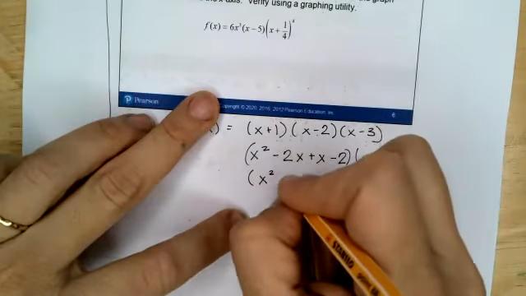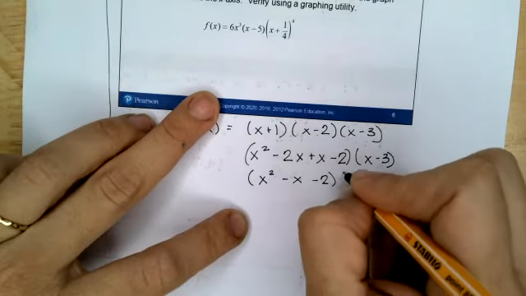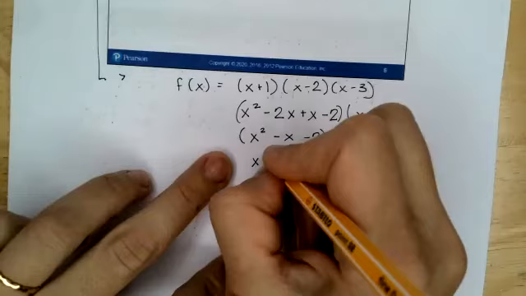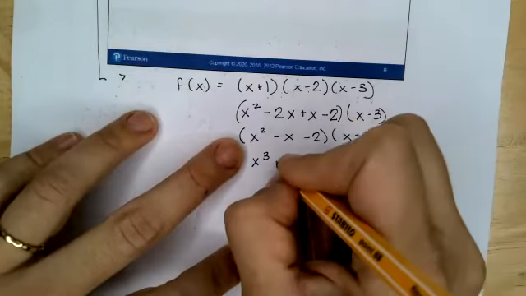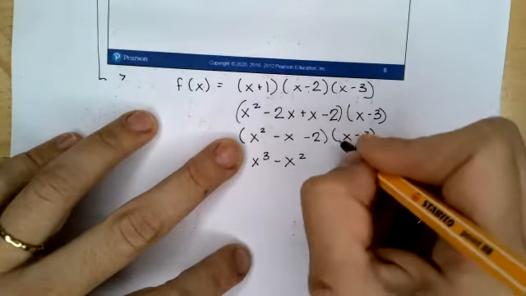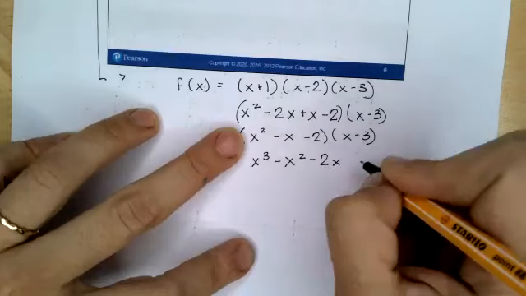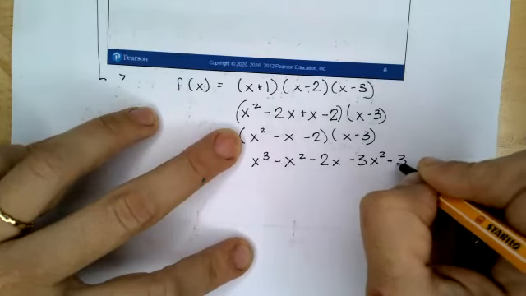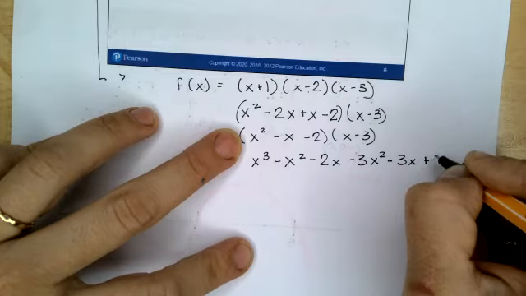So that's x squared minus x minus 2 times x minus 3. Becomes x to the third minus x squared minus 2x minus 3x squared minus 3x plus 6.